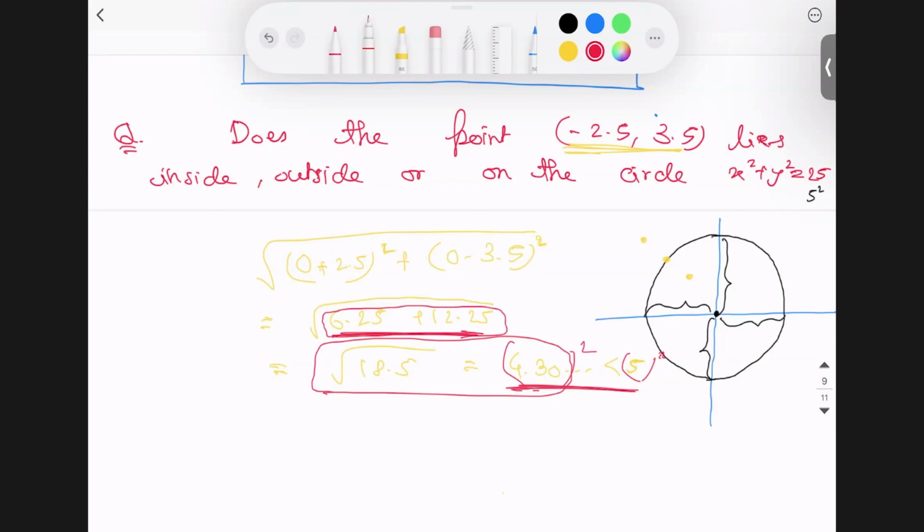If it is less than 25, then the point is inside the circle. If it equals 25, then the point lies on the circle. And if it is greater than 25, then the point lies outside the circle. Thus you can find the location of the point.